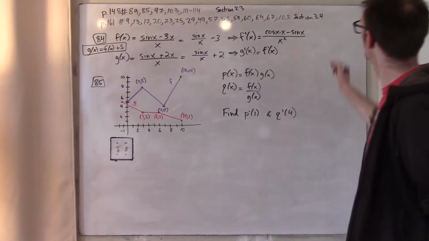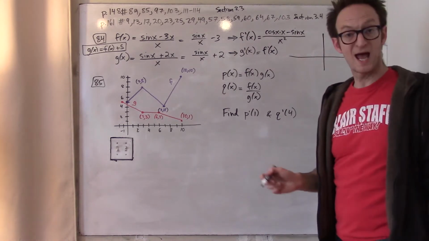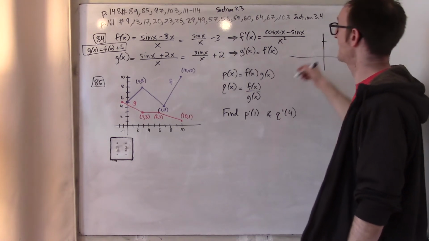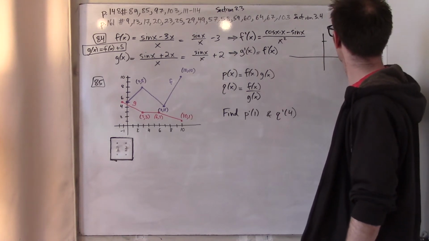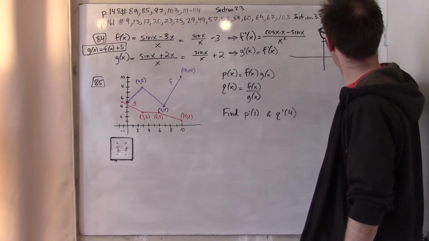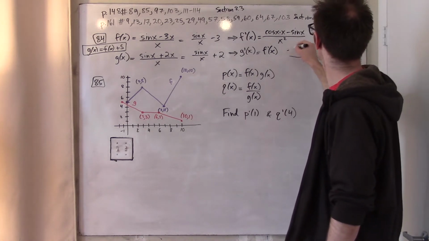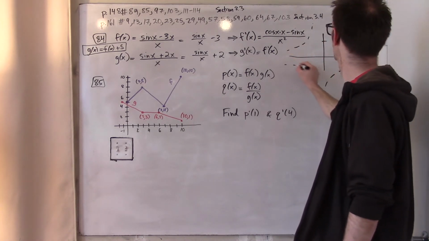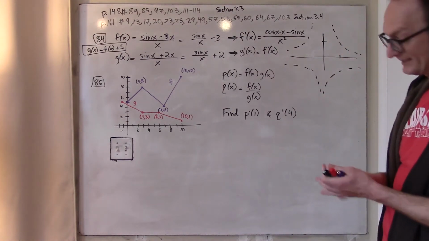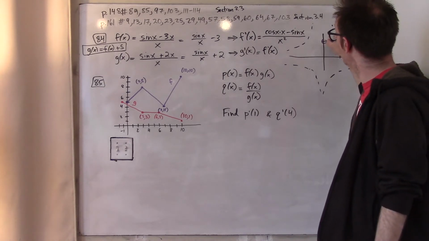So what do these two functions look like? Well, we know what sine x over x looks like, because we've graphed this a million times. It has this kind of 1 over x envelope, and I really almost don't want to do this, so maybe I should just stop since I'm in charge. But the function is going to be 0 near the origin.